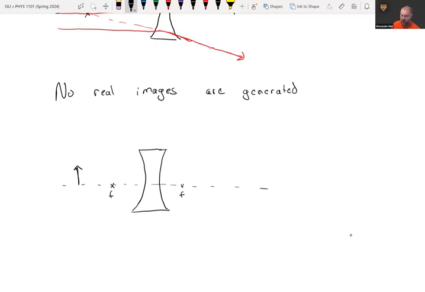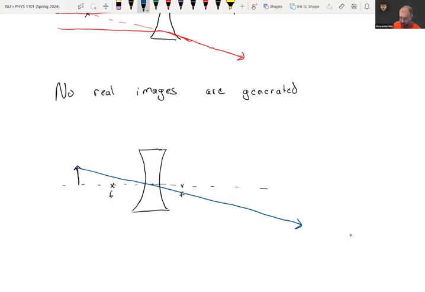Now, the question is, what is going to happen here? I'll trace these rays out with blue. The one that I think is easiest is the one that goes through the center. This one changes not at all. It just goes straight through the center, so that one is essentially identical to what we did with the other type of lens.